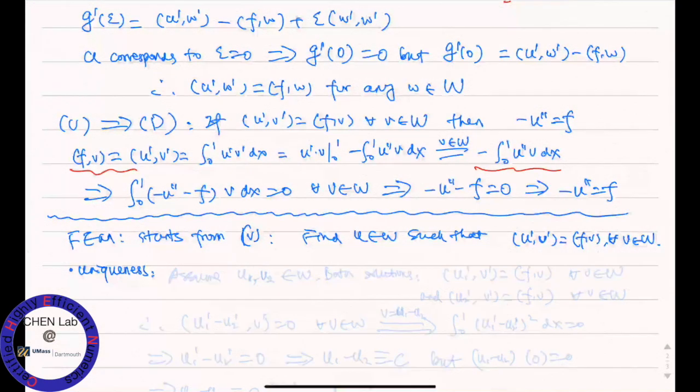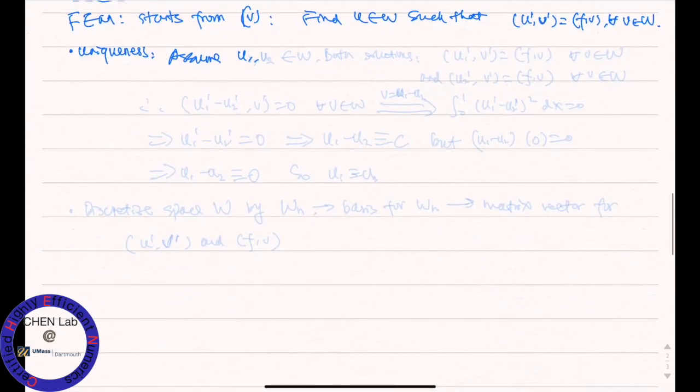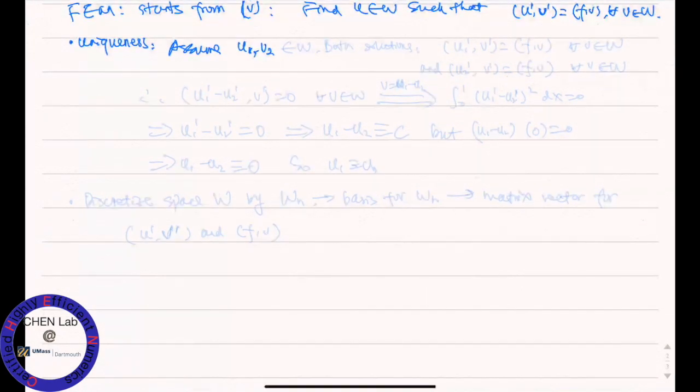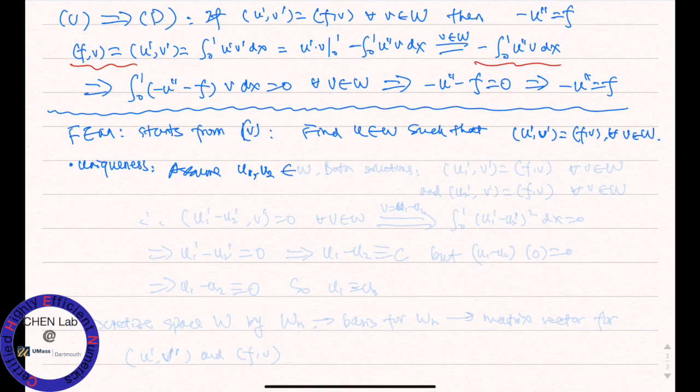Assume you have u1 and u2, both in the space W, and they're both solutions. Which is to say, you have the integral of u1 prime v prime equal to f v, and the integral of u2 prime v prime equal to f v.